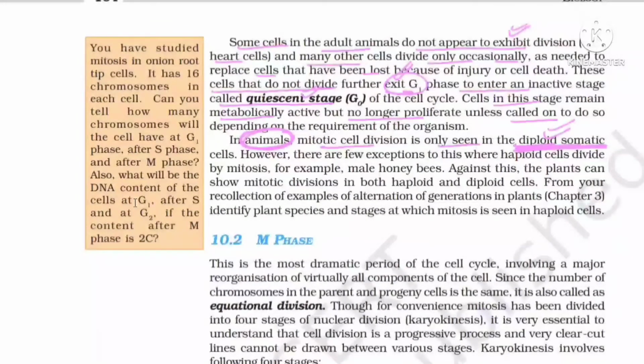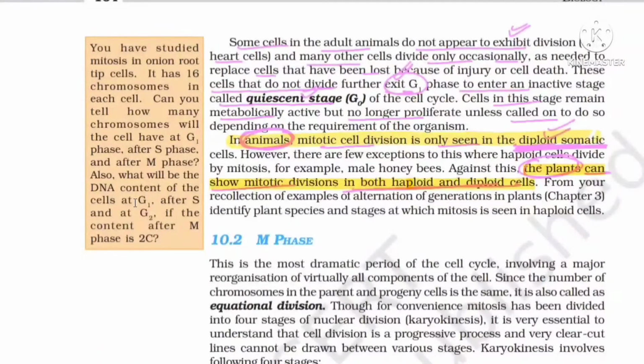So in plants, mitosis is shown by both haploid and diploid bodies. Again a question: plants can show mitosis in both haploid and diploid cells. Please learn this, this is again very important. So in animals it is shown only by the diploid somatic cell, and in plants it can be shown by both haploid and diploid cells.